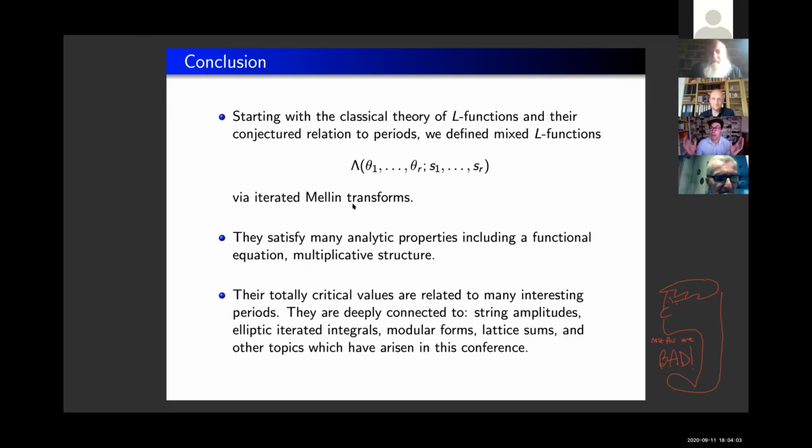So for the classical L function, R equals 1, you have the critical values, and then the non-critical values. All the non-critical stuff shows up as double L functions. And so in fact, you only need to look at the totally critical values. And that's why, so an answer to your question is, I don't know anything about any non-critical values, but I'm not too worried because I haven't thrown anything away.